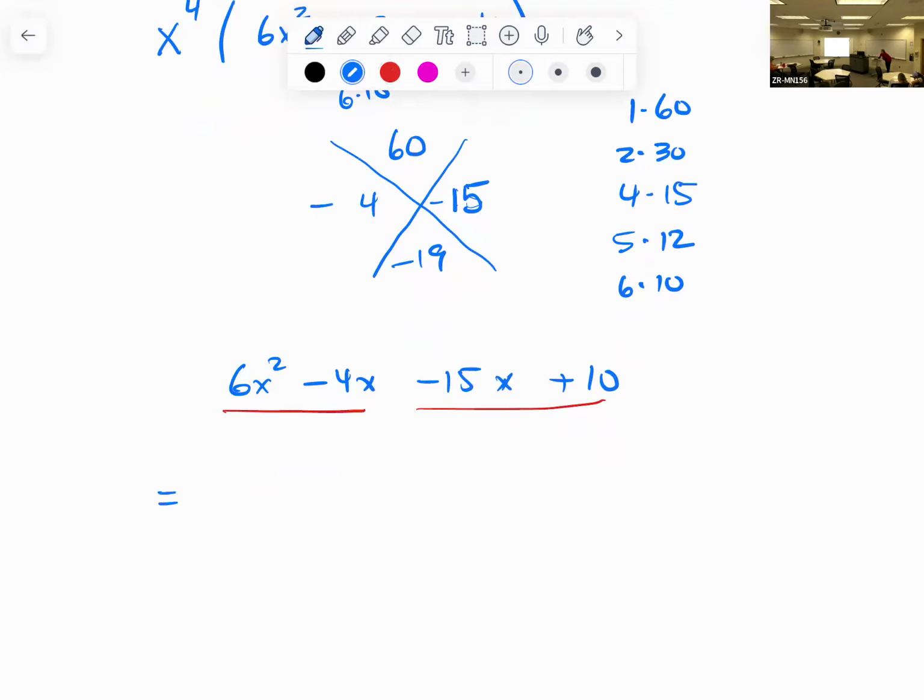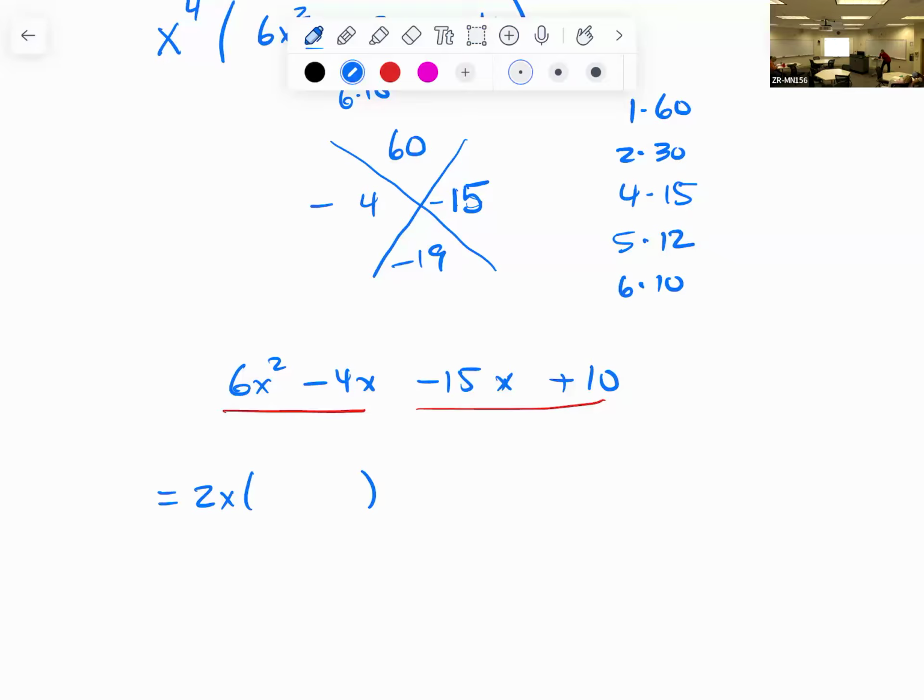Of the first two terms, what do we need to pull out, Brittany? 2. Anything else? An x. What remains inside, Fred? The numeral 10. What? Oh, as in the x, yes.